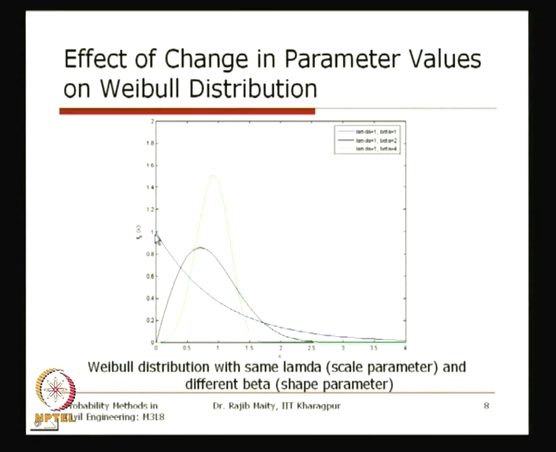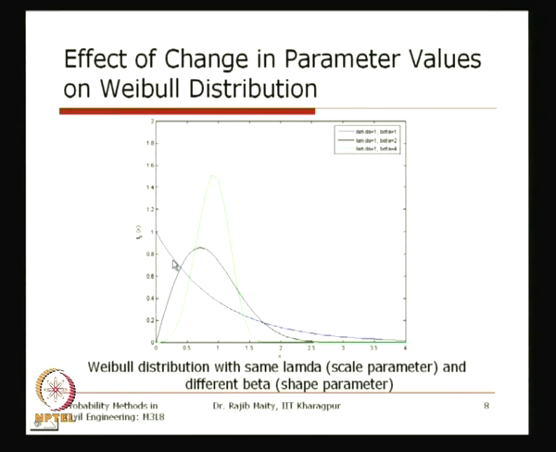Similarly, when we increase beta from 1, 2 and 4, we can see that these are again positively skewed. We know the exponential distribution is positively skewed. This can be seen graphically as well as mathematically, as we have discussed in previous lectures.